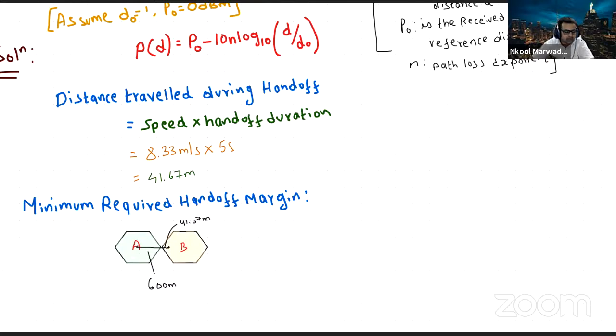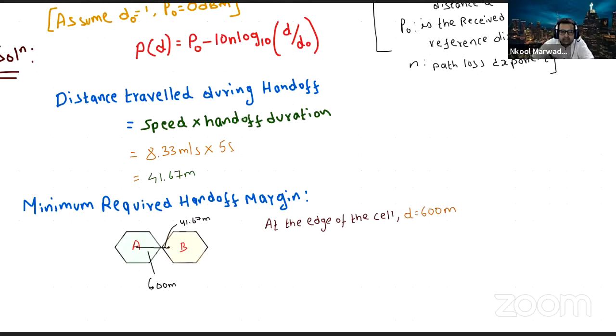Now, tell me one thing. At the edge of the cell, what will be d? d will be 600 meter.